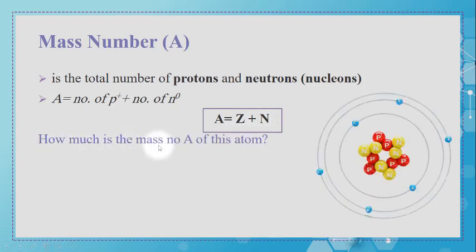How much is the mass number A of this atom? This atom has 6 protons and 6 neutrons. The mass number A is the number of protons plus number of neutrons, so the mass number A of this atom is 12.